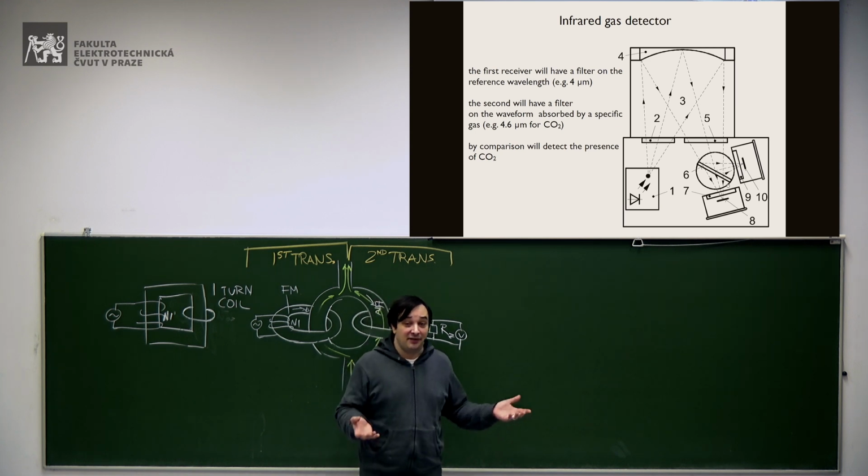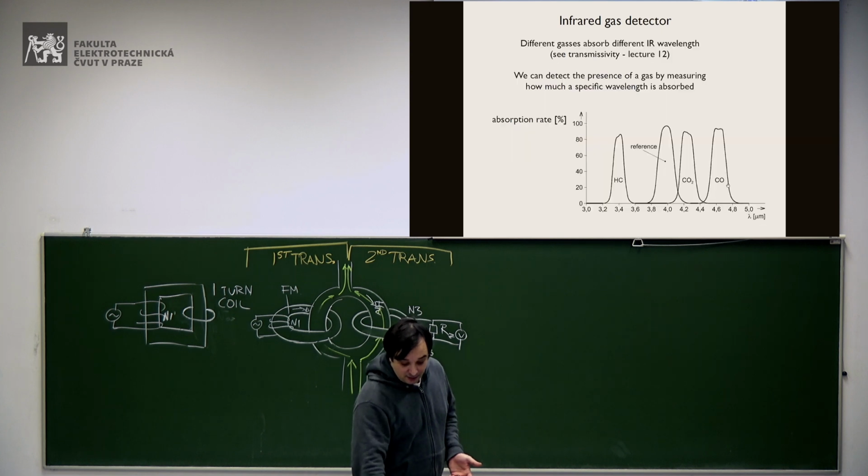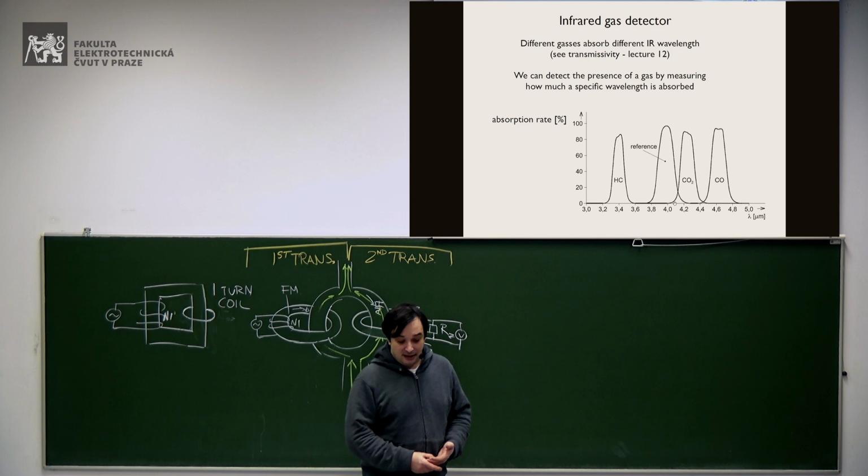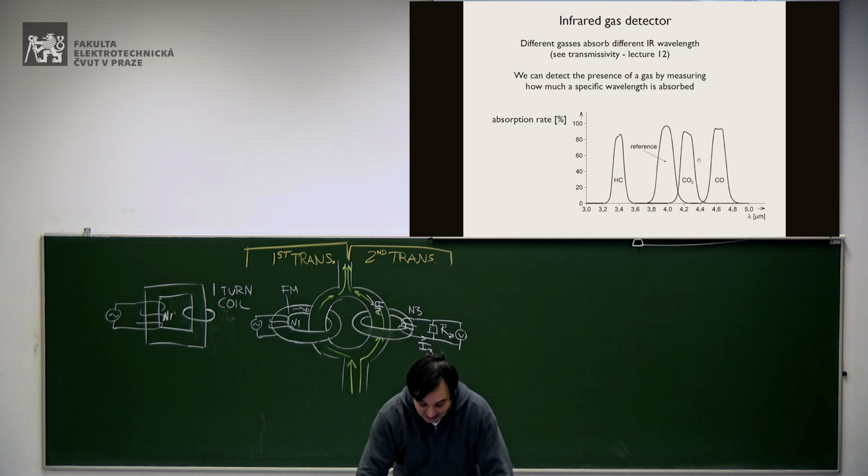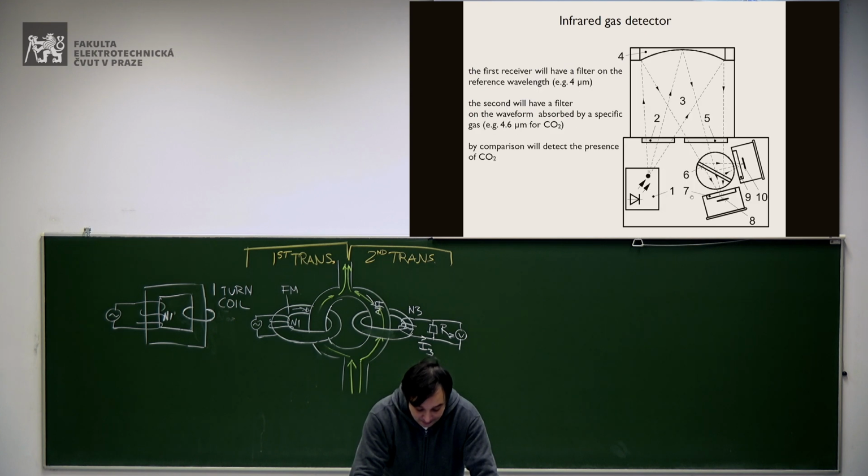It doesn't react with anything, because as you see here, the absorption at 4 micrometers is not affected by any other gases, so you don't have carbon monoxide, carbon dioxide, any other gases. So you select this point here where you have no problem with any other gases.